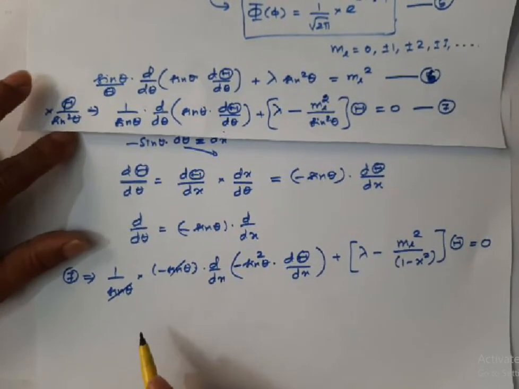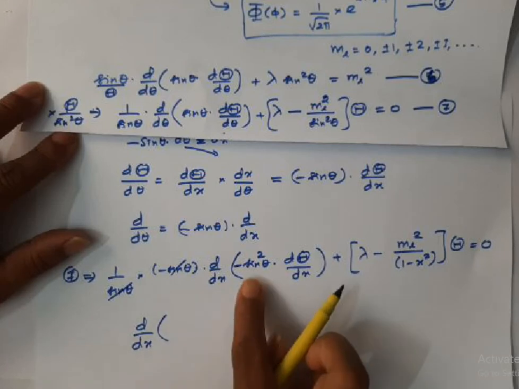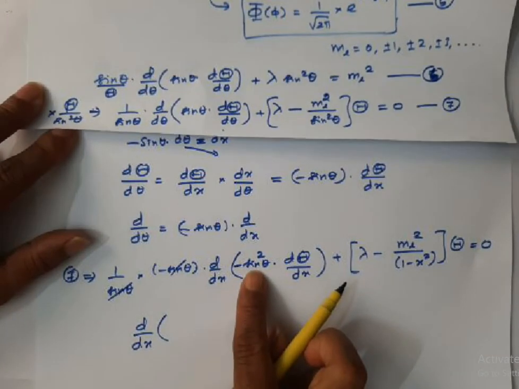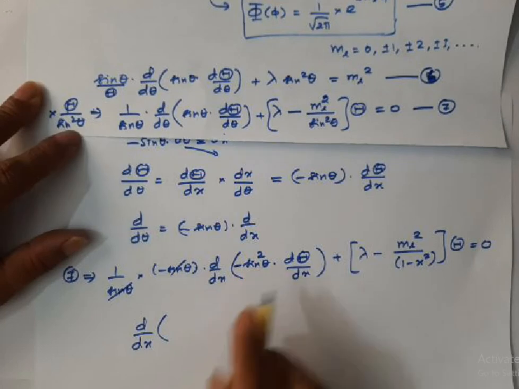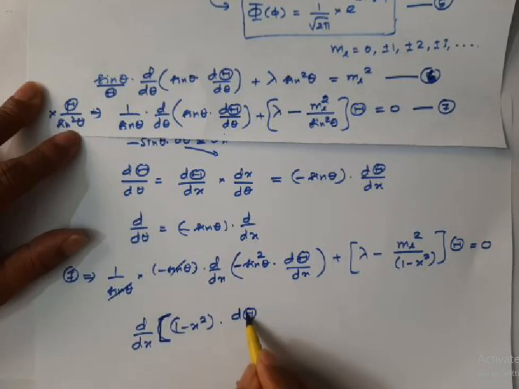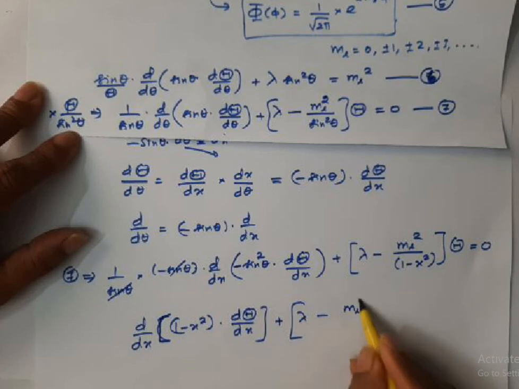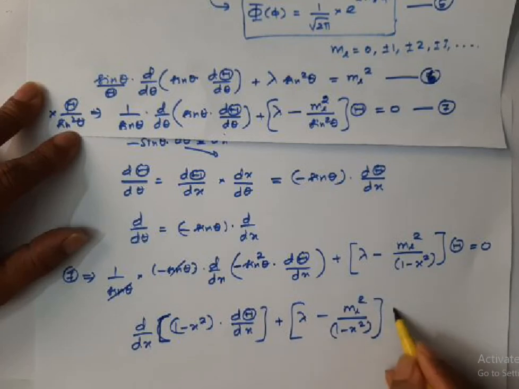So I'll get a simplified expression: d by dx of sin square theta, which is 1 minus cos square theta, which is nothing but 1 minus x square. So we'll have 1 minus x square into d big theta by dx, plus lambda minus ml square by 1 minus x square into big theta equal to 0.